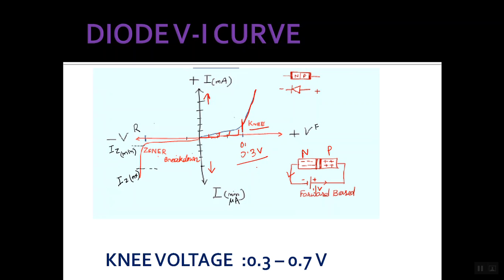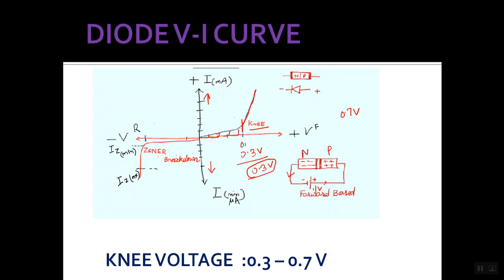So this particular 0.3 volt is knee voltage for germanium. In the same way for silicon also, there is a knee voltage at which the current will increase exponentially, that is 0.7 volt. And when voltage is increasing, current will increase exponentially.